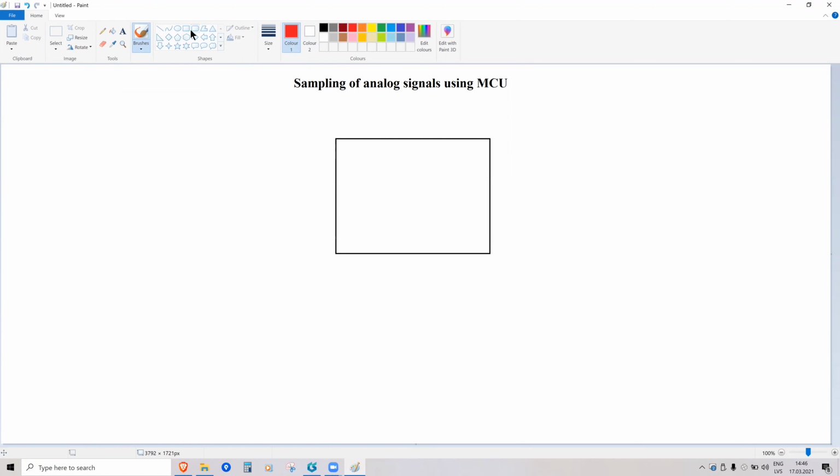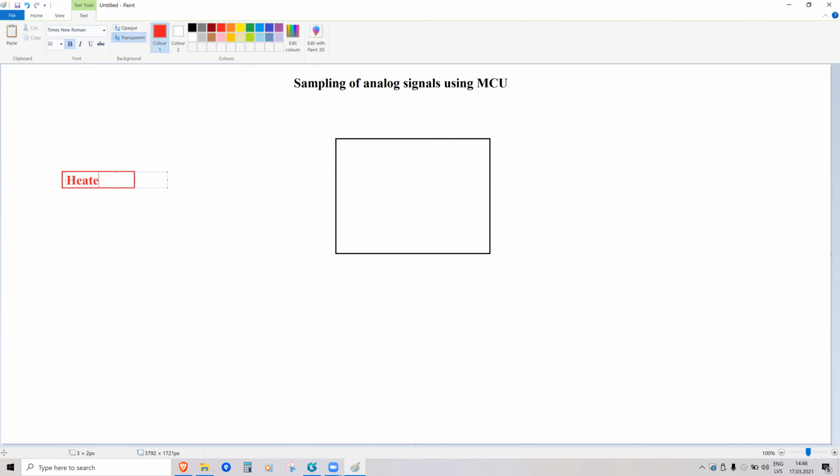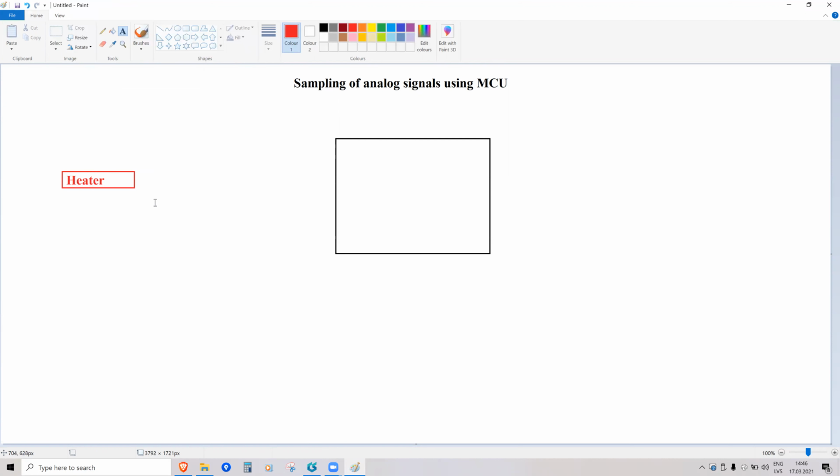I'll draw it red. And probably the heater is just a big resistor. Usually that's how they're built. And so it has some power supply.